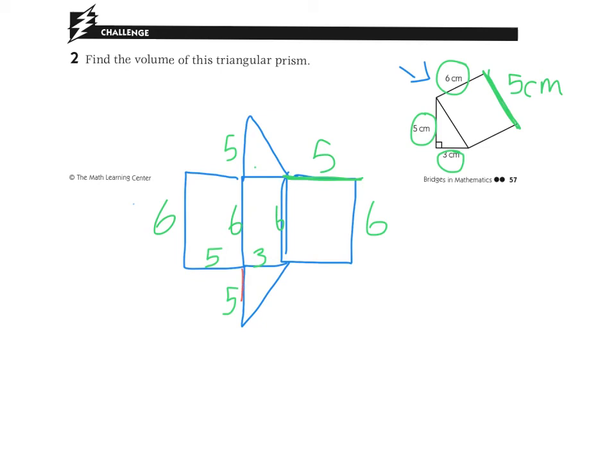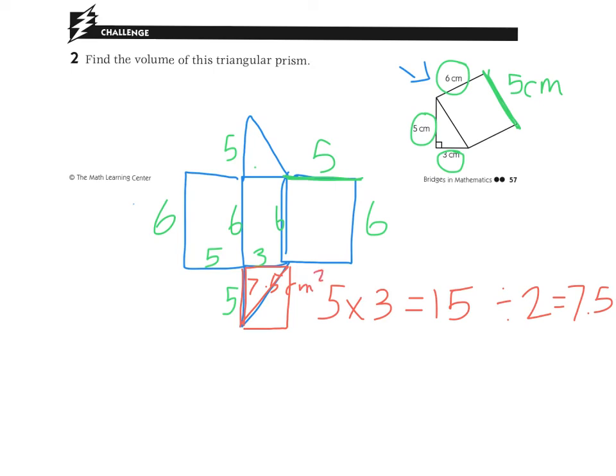So again, thinking about the relationship between these triangles and a rectangle, if I were to find the area of the rectangle first, I can then use that to find the area of the triangle. And if this triangle is 7.5 centimeters squared, this identical triangle on the back side is also 7.5 centimeters squared.